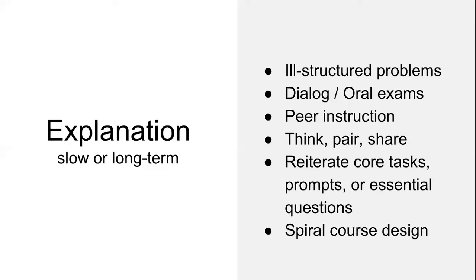So revisiting that through particular exercises throughout the semester could be a way of helping students practice understanding through explanation. You can also think about spiral course design, where you're coming back to the same topic again and again, and your explanations get more complicated as the semester goes on and more involved.